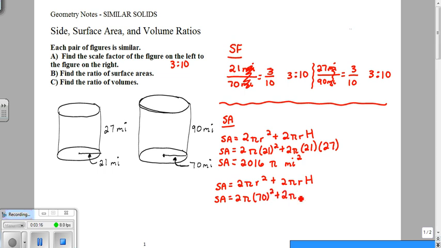Plus 2 pi times 70 times the height of my larger cylinder, which is 90 miles. When I multiply this out and then add the two pieces together, I get 22,400 pi miles squared.